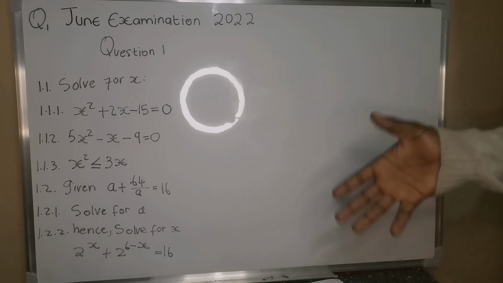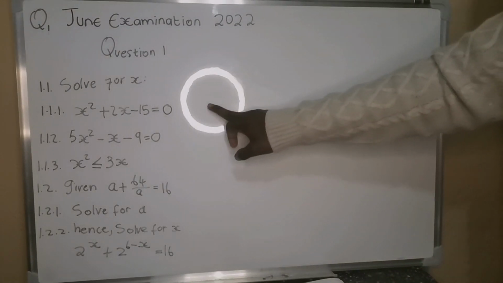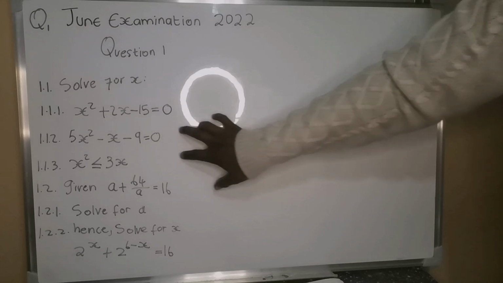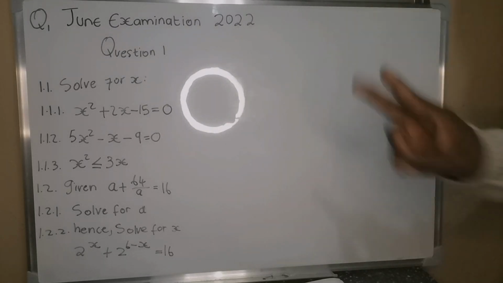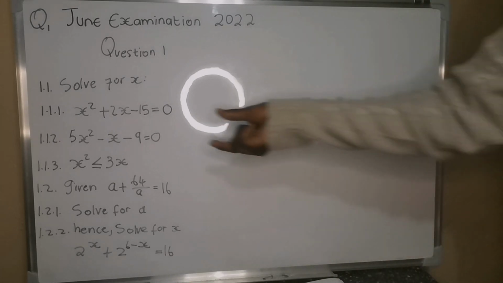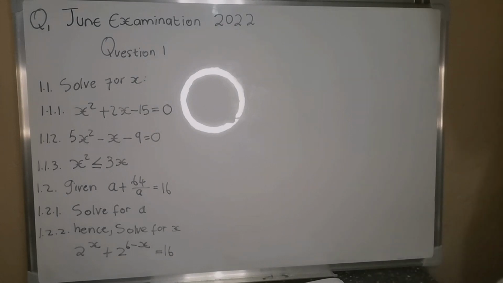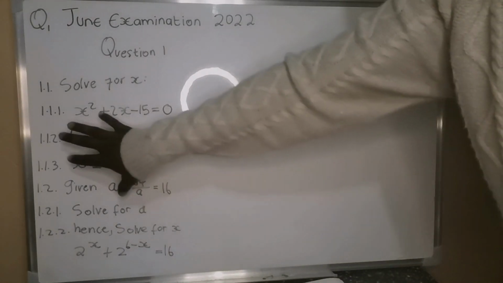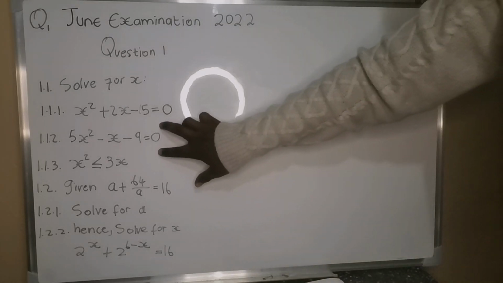If that question comes like that, like this one, they told us you must round off your answer to the nearest 2. Basically, if they tell you to round off your answer to the nearest 2, they need you to apply the quadratic formula, like it or not. There are no factors for this equation. You need to apply the quadratic formula on this one.